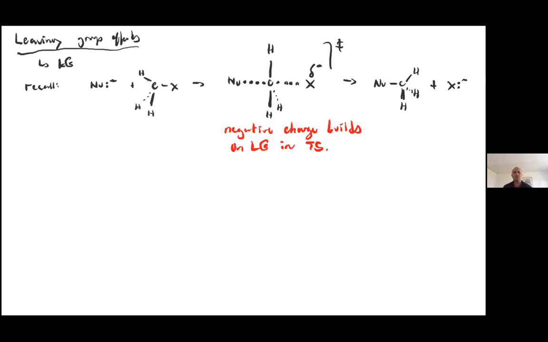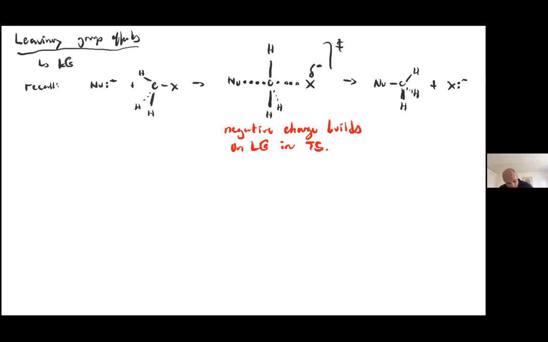Okay. And so remember, the transition state is the top of that reaction pathway, and however high that is tells me how fast or slow the reaction is. And so if I have a leaving group that can accommodate negative charge, that's going to stabilize the transition state, going to decrease the magnitude of delta G double dagger, and the reaction will go faster.